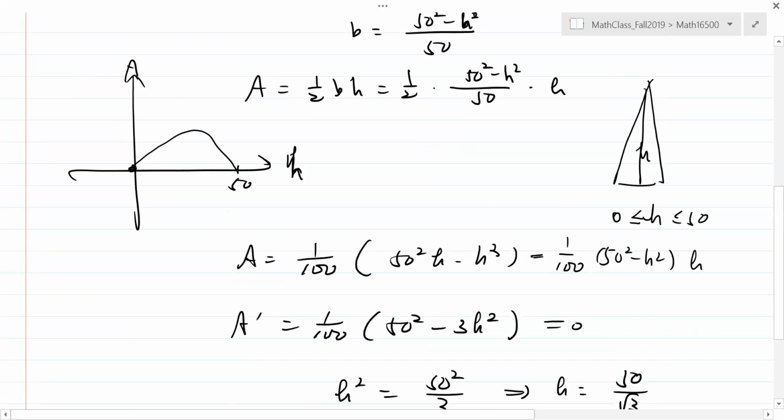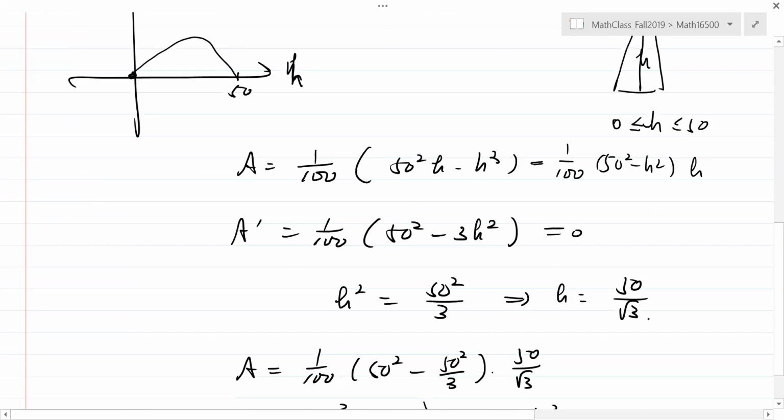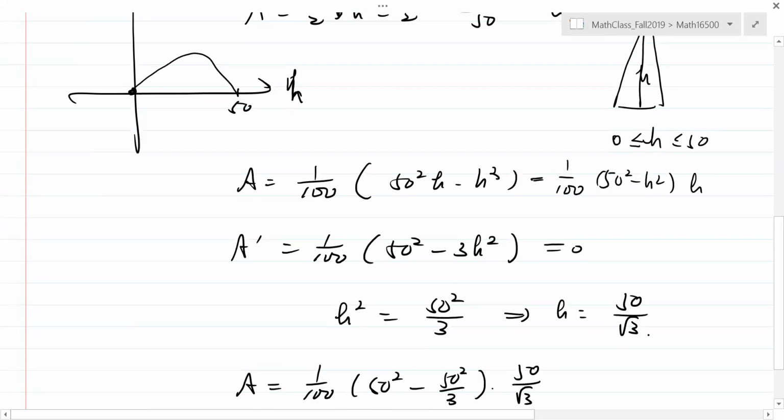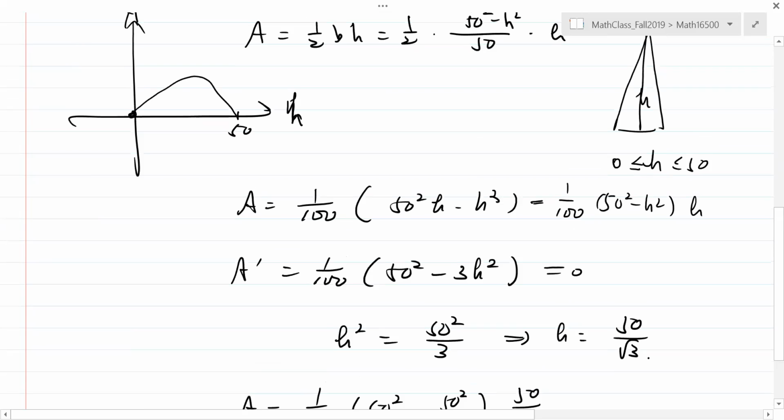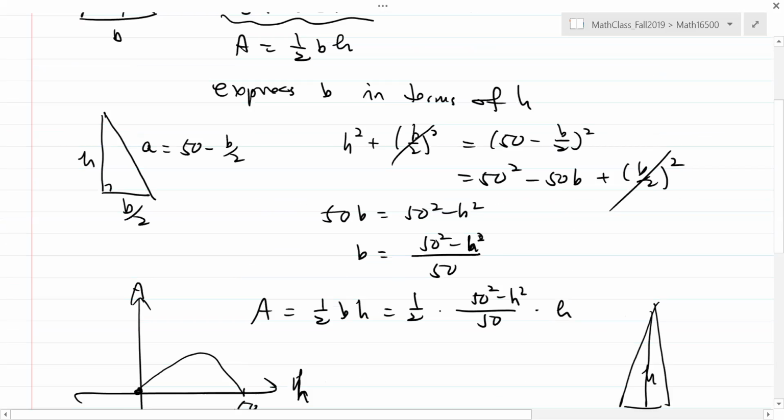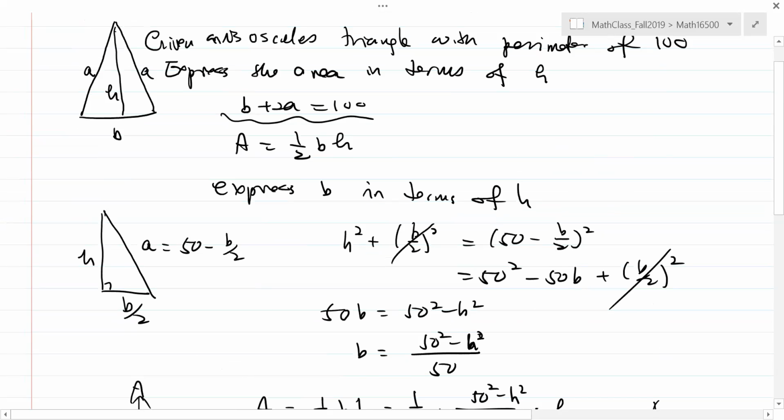But I still don't need to know how the triangle looks. I just want to find the largest possible area. So I get this answer, solve the problem. But I guess the triangle probably looks like an equilateral triangle. I'm not going to prove this here.